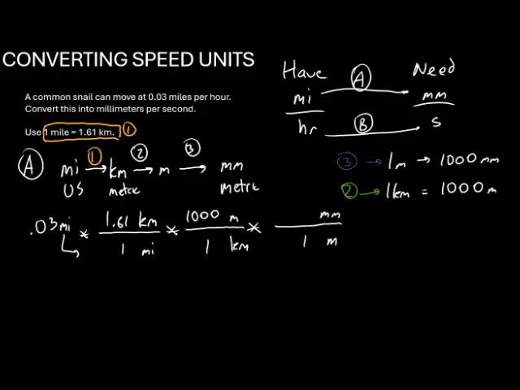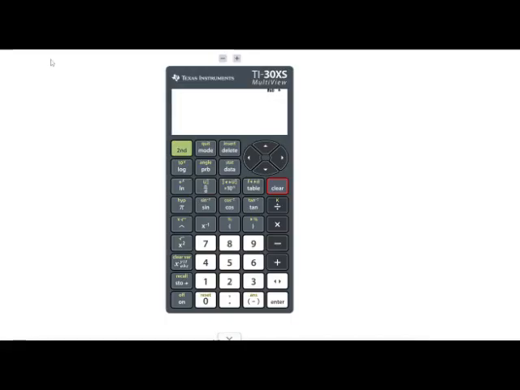So 1 goes next to meters, 1,000 goes next to millimeters. Now my operation is 0.03 times 1.61 times 1,000 times another 1,000. We'll go to the calculator with this now. We say 0.03 times 1.61 times 1,000 times another 1,000. When we press enter, we'll get 48,300.